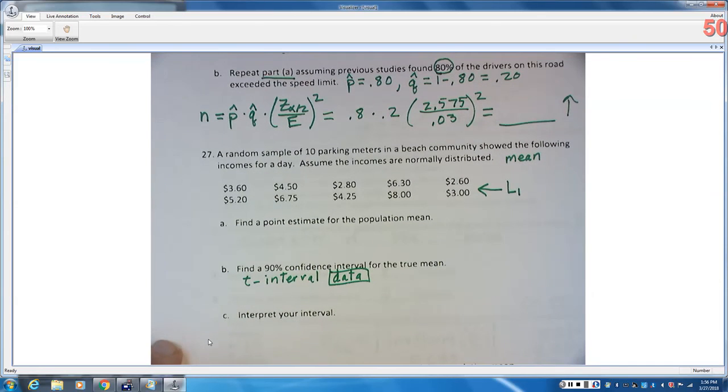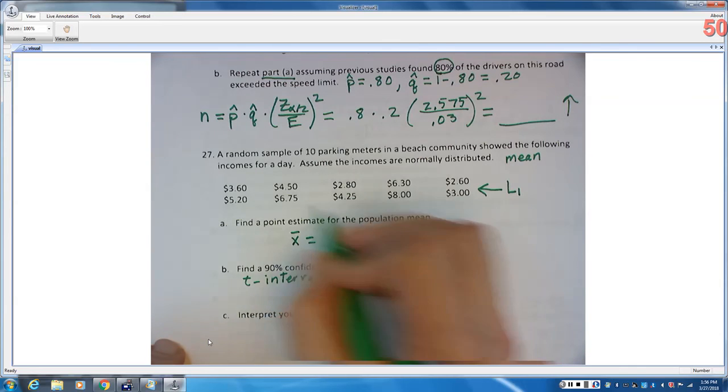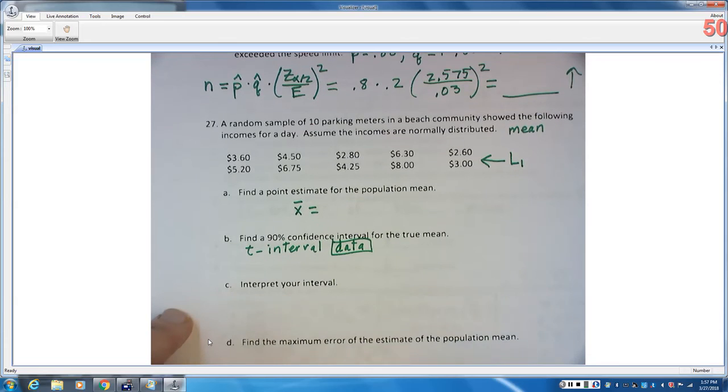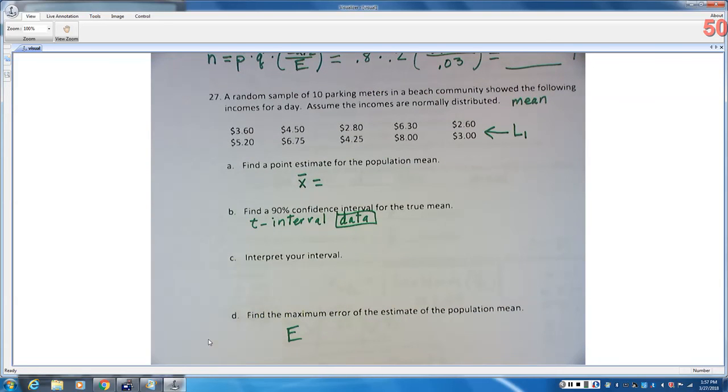And the point estimate is going to be X bar, whatever it gives us when we do our T interval. Interpret our interval, find E. Find your interval first. Just like we put it in our list and we chose data. Leave the frequency at 1. You've got the answers posted to these.